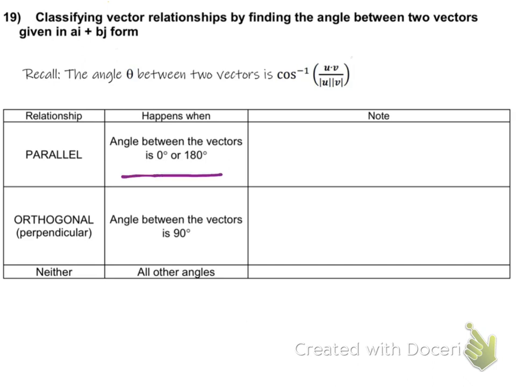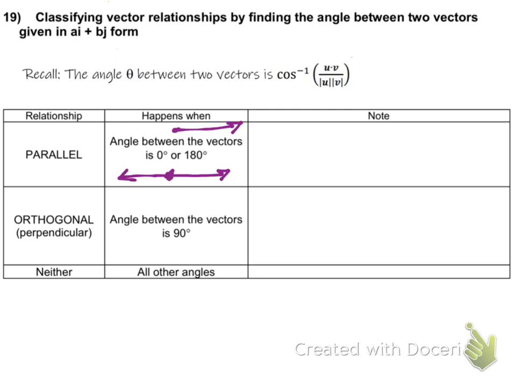So parallel vectors will either look like that, because that would be two vectors going in opposite directions, right? The angle between them is 180 degrees. Or they could be the same vector, and that would be 0 degrees between them, right?